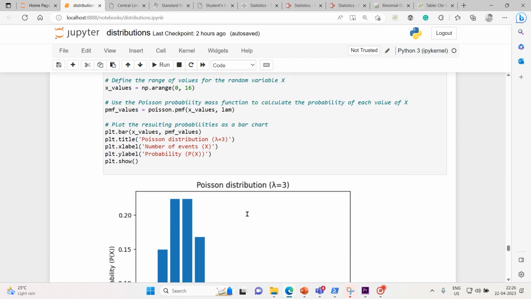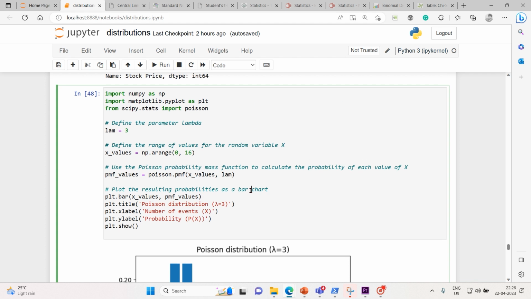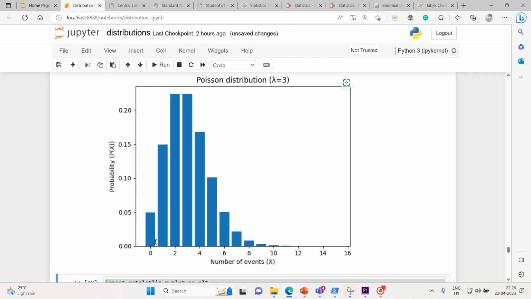And this is another example similar to that. So here also you can see a similar kind of result. Here the number of events x is taken on the x-axis, and the probability of these events happening is on the y-axis. So the probability of 0 events happening is 0.05, and the number of events in that particular interval could be anything, from 9 in the morning till 5 in the afternoon, or from 9 in the morning till 9 at night.